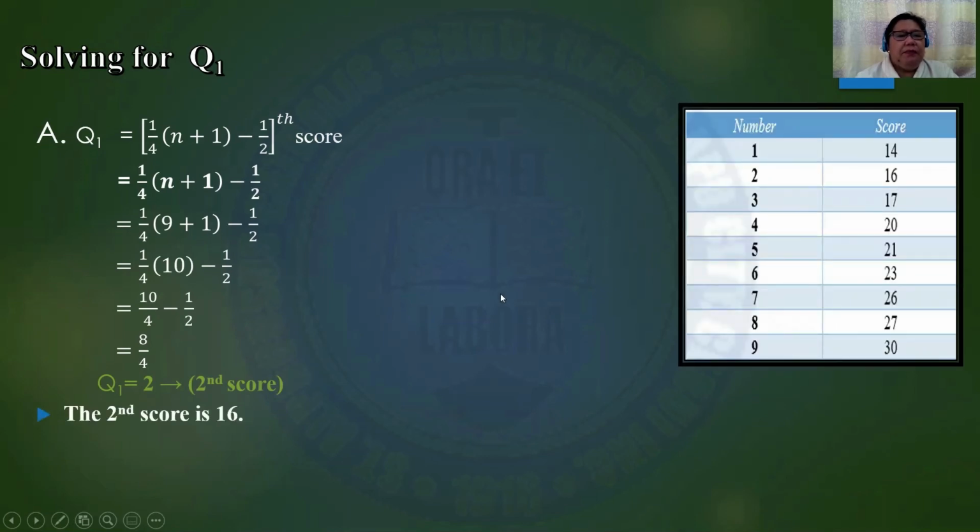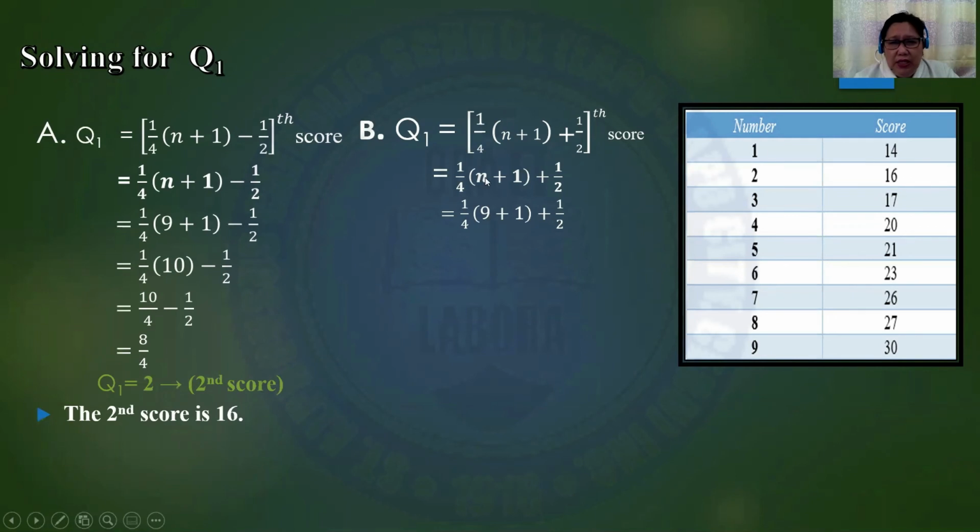Next, we have to solve for the quartile 1 using this formula. So substitute 9 to n plus 1, it's 10. So we have 1/4 of (n plus 1) plus 1/2. And then we have to simplify, that's 12 over 4, and it's 3. And we have now the third score. The third score is 17.